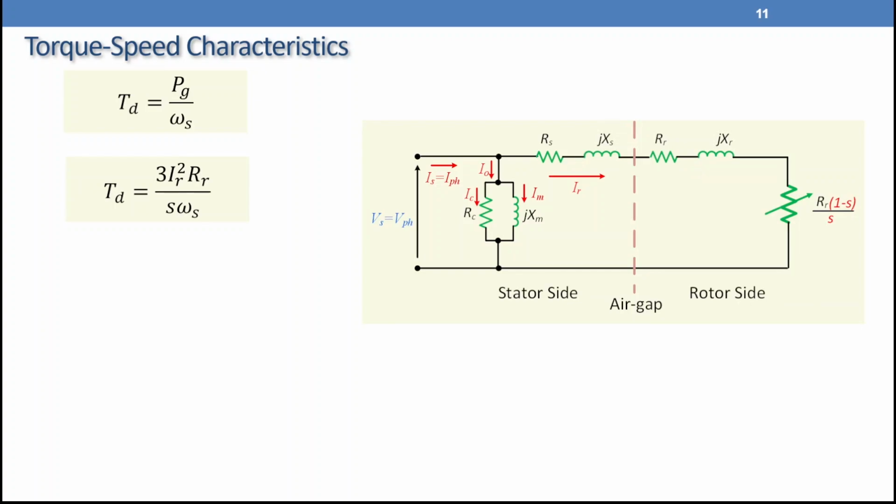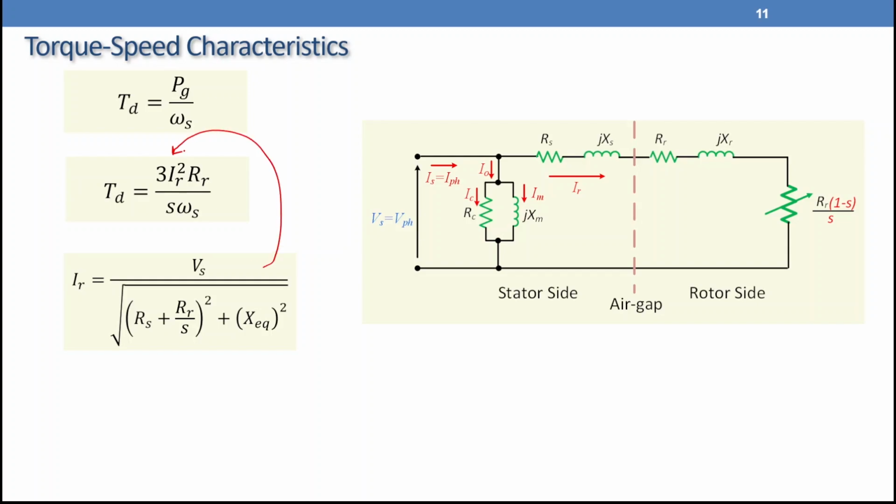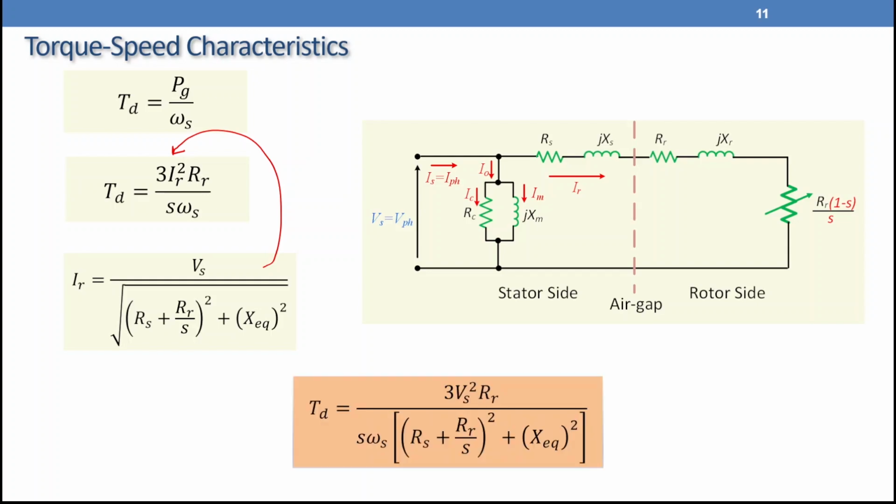So I rotor equals V phase over Z equivalent. I rotor as a magnitude equals V supply phase value over root of R stator plus R rotor over S, all squared, plus X equivalent square. We are going to substitute by this equation here, and then find the torque developed.